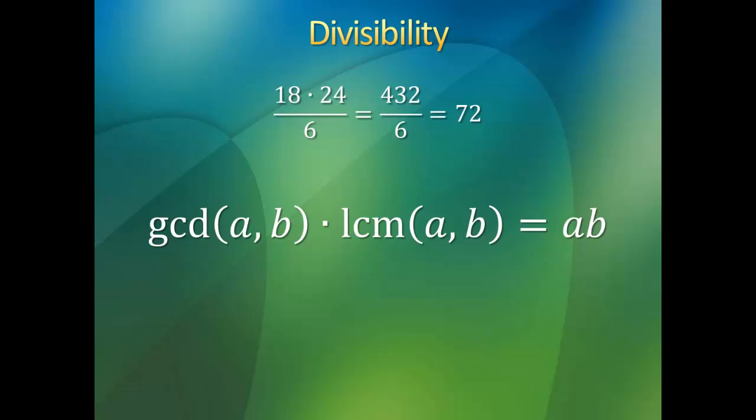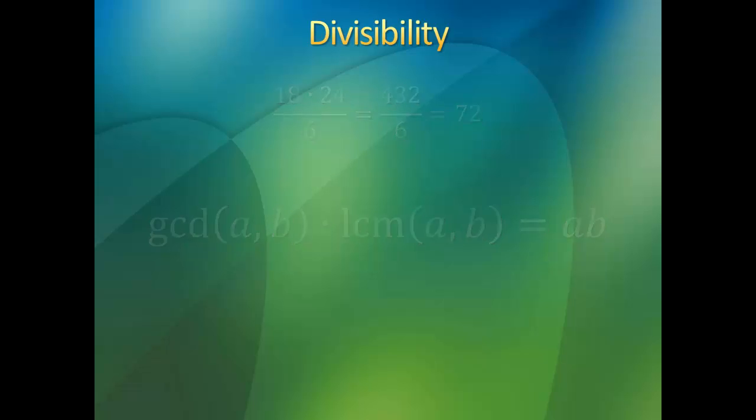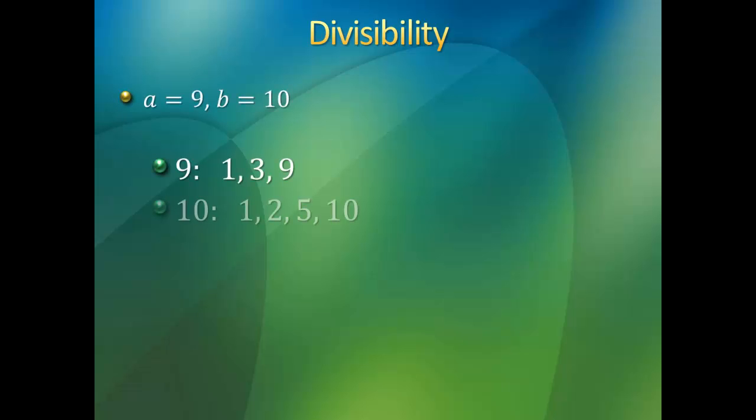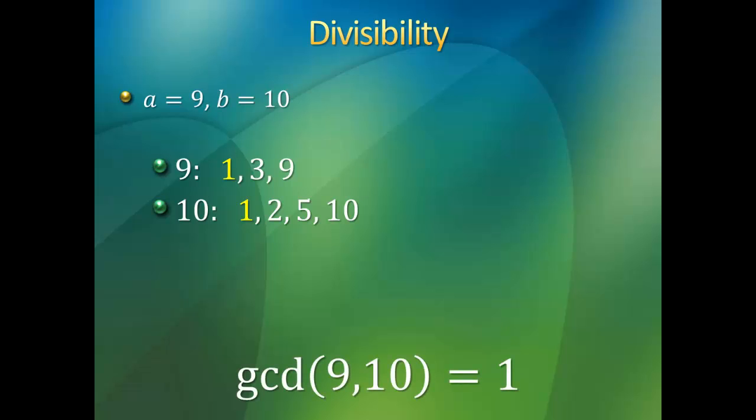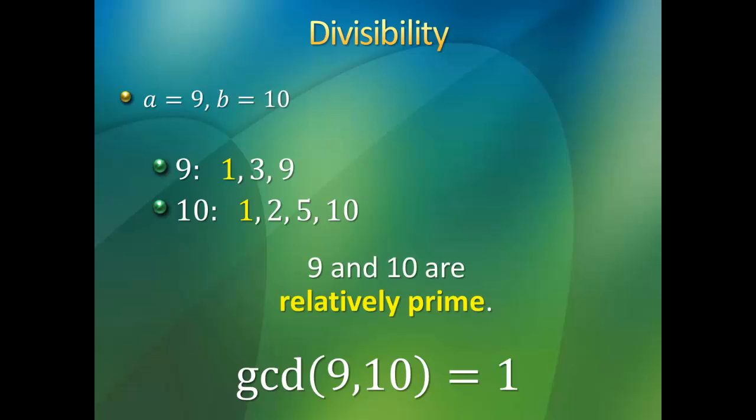So sometimes we may run across two integers for which 1 is the only divisor they have in common. If a equals 9 and b equals 10, then the factors of a are 1, 3, and 9, and the factors of b are 1, 2, 5, and 10. When the greatest common divisor of two non-zero integers a and b is only 1, then we say that a and b are relatively prime.